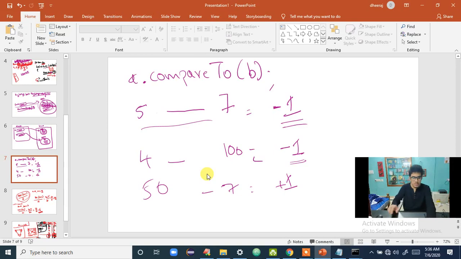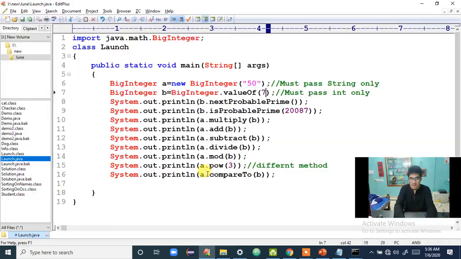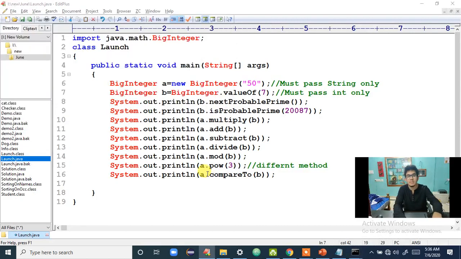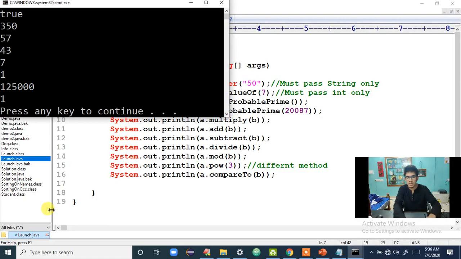When I compile and execute, the compareTo method will not give me the difference between the two numbers. It will tell me minus 1, 0 or plus 1. As you can see, it's plus 1 now. What's the meaning of plus 1? If the compareTo method returns a positive value, it means the first number is greater than the second number.